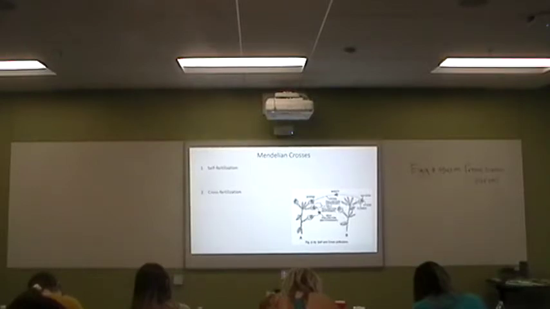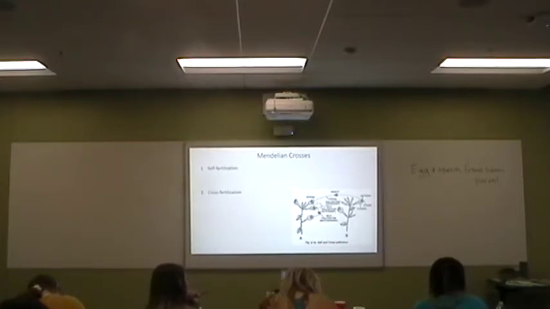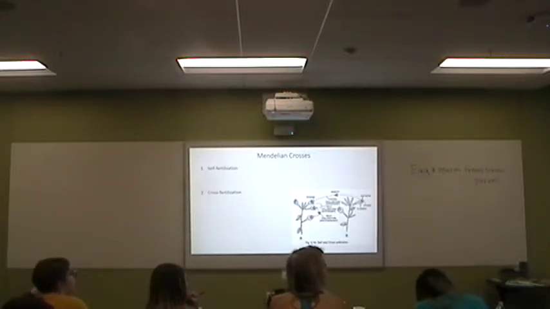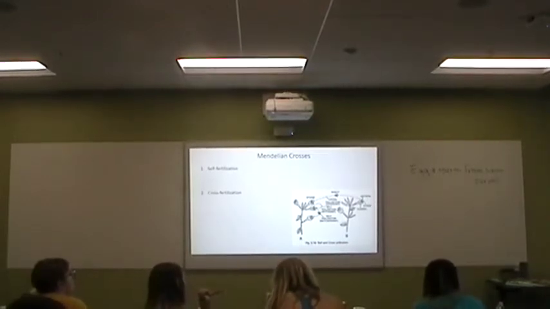It is naturally occurring in peas. I want to make it very clear the difference between asexual reproduction and self-fertilization. Are those the same things? No. So asexual reproduction is basically the process of mitosis that results in 2 individuals. In asexual reproduction, every offspring is identical to the parent.